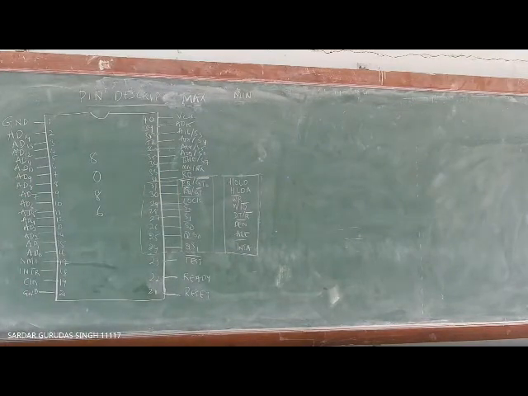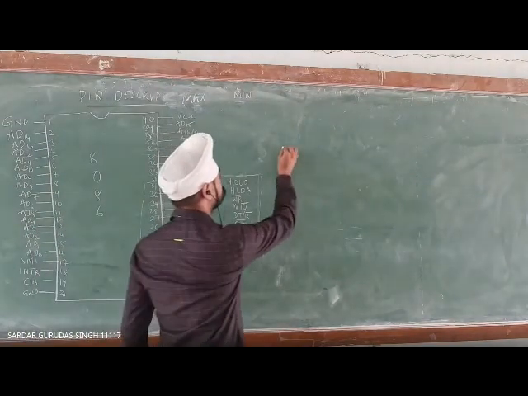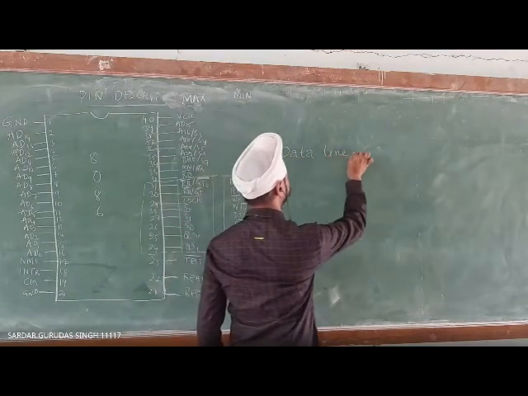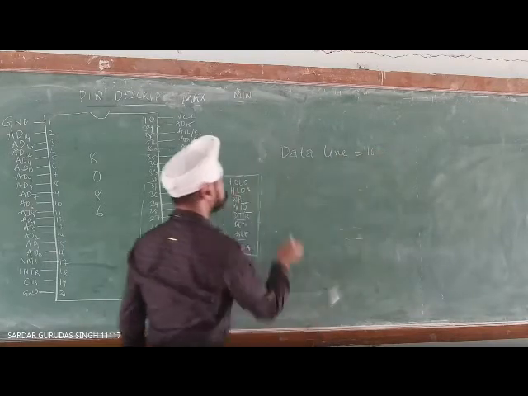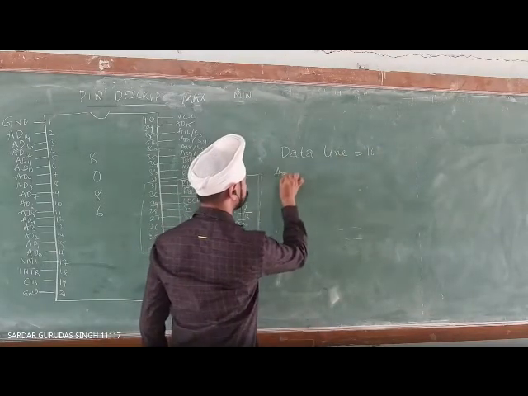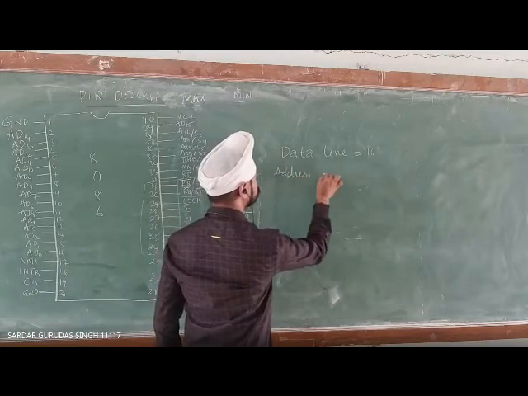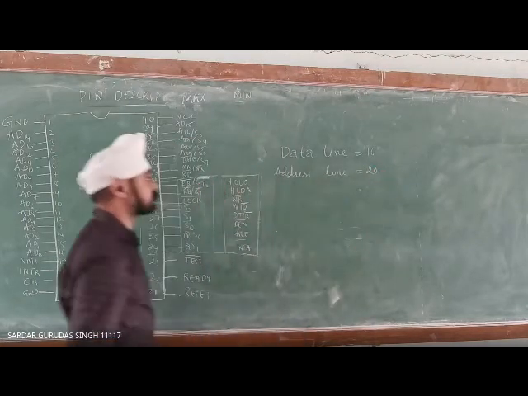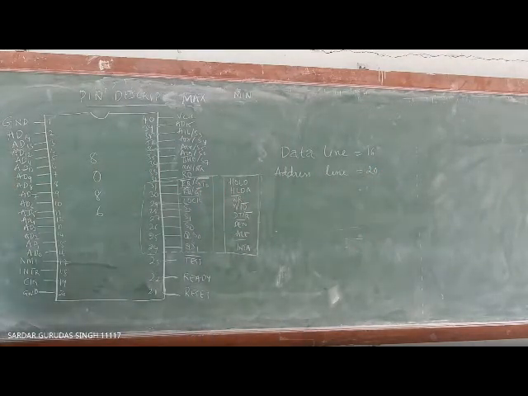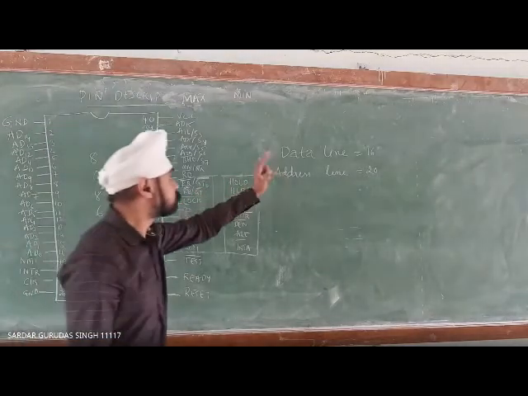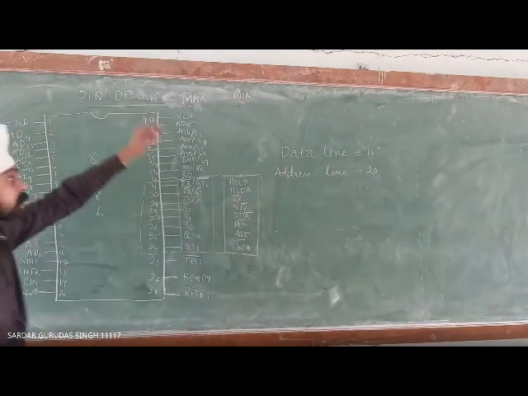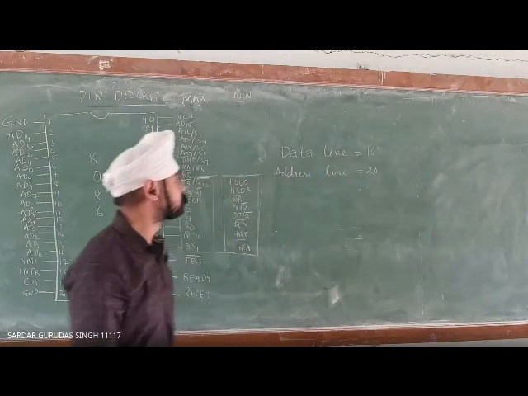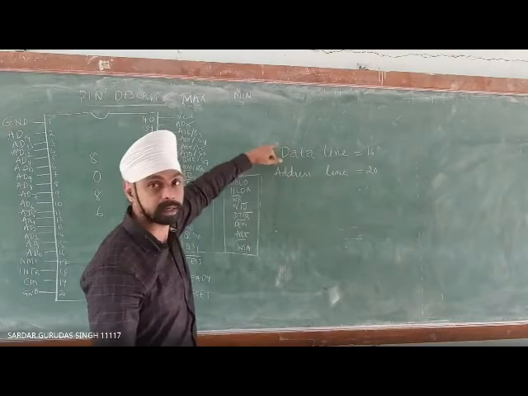So in your 8086, how many data lines do you require in total? 16 data lines are required, and you require 20 address lines. So what is done in this 8086 is that instead of using separate 20 address lines and data lines, these two are combined.